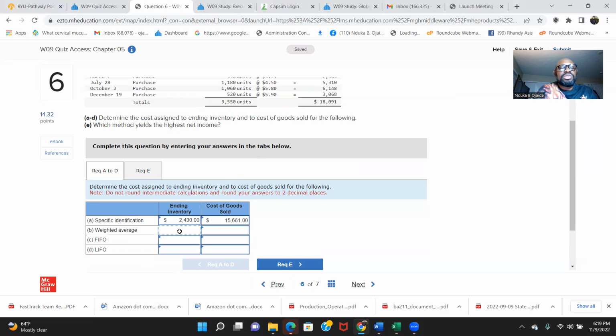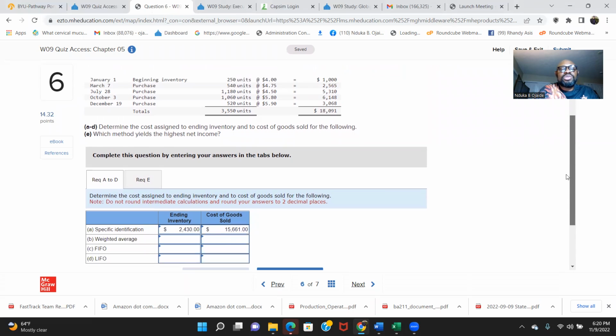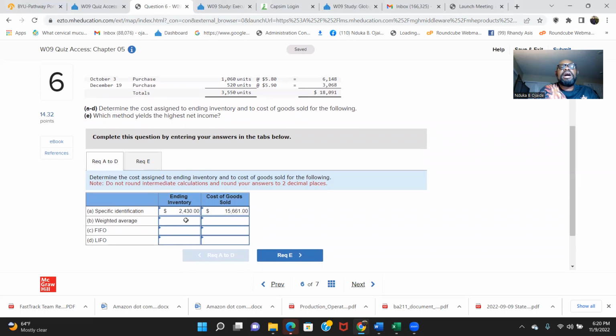Then let's go to the weighted average. The weighted average means you must divide the total cost of the inventory by the total units for the inventory. If you look at it, all of these units here amount to this, and all of this cost here amounts to this. So if you divide this by this, it's going to give you 2,293.23.